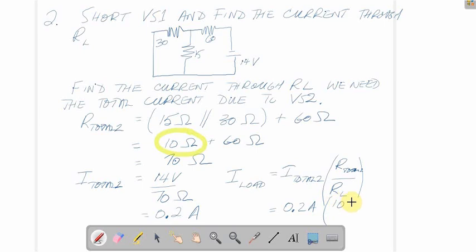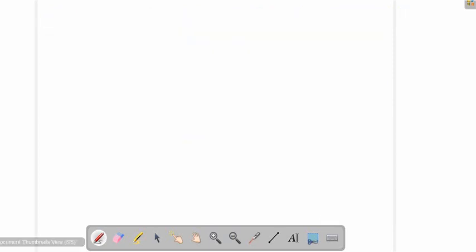So that's going to go on top there, and divide that by the load resistor. We want to find out how much goes through that resistor. Do the math, and that comes out to 0.133 repeating amps. So there, we just figured out the current going through the load resistor using the source on the right-hand side.